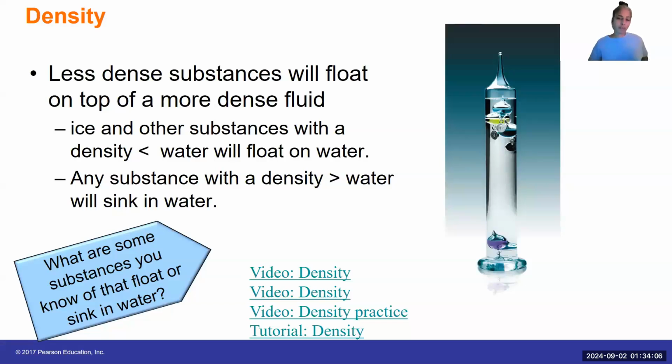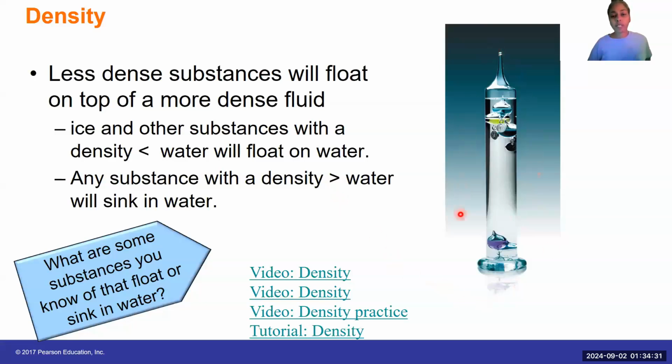If we are to compare the densities of substances, less dense substances will float on the top of a more dense substance. So ice and other substances with a density less than water will float on top of the water. Any substance with a density higher than the water will sink in the water.